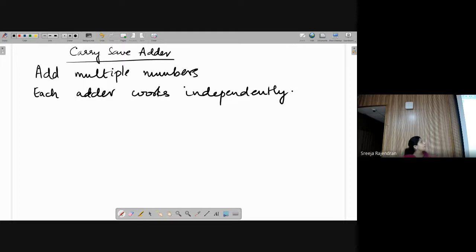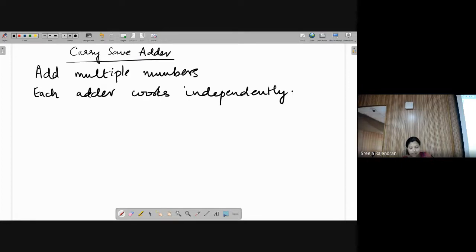So a carry save adder is the adder we use in multiplier. That is why I'm talking about it at this point. I will discuss multiplier once again. I know there is some confusion regarding multiplier, so I'll just discuss that once again. So we can use a carry save adder to add multiple numbers.